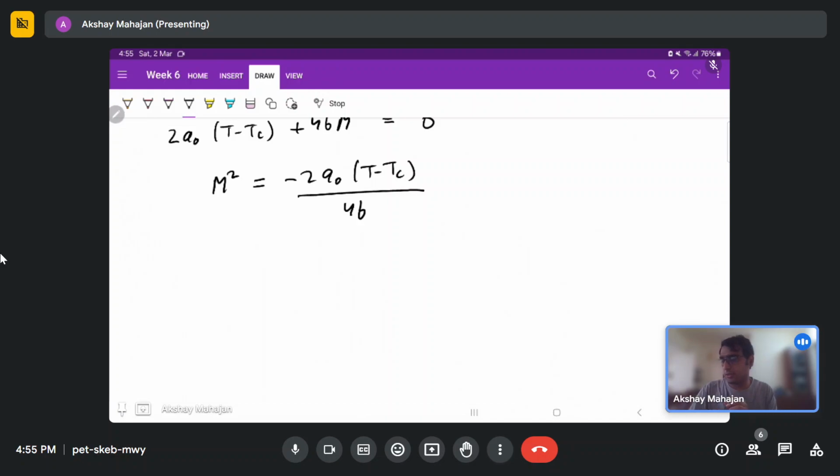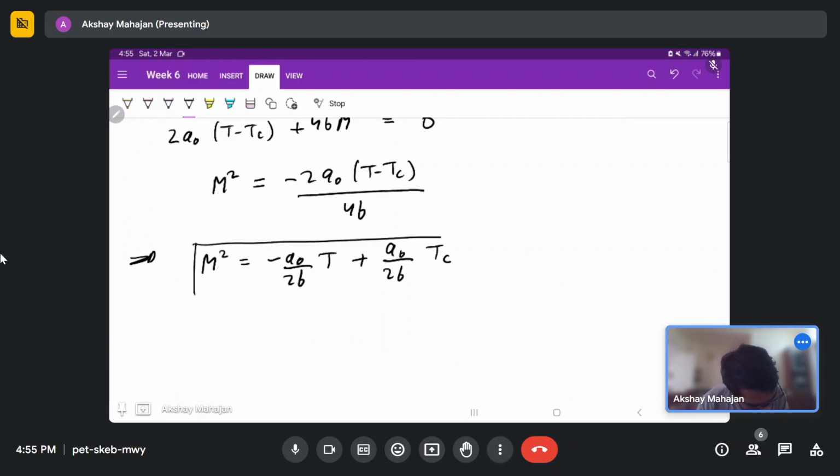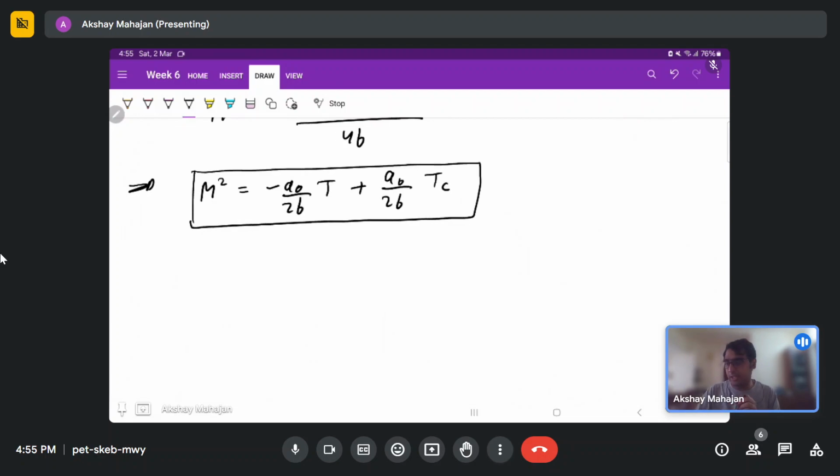So fine, now we have our relation of m square versus T. m square will be equal to minus A naught upon 2B times T plus A naught upon 2B times Tc. Okay, so this is our solution, the relation between m square and T, and here we can see that this is a straight line.